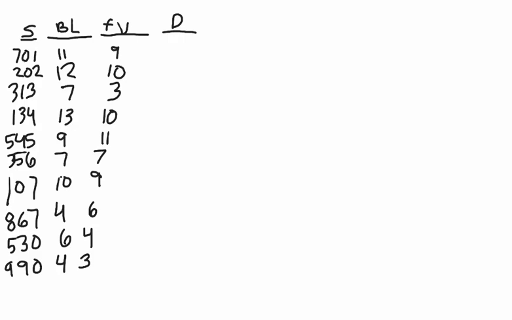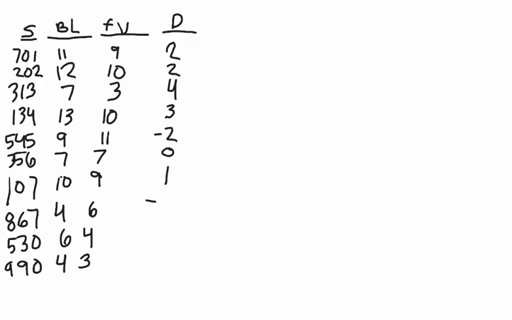So if I take 11 and I subtract 9, I'll get 2. 12 minus 10 is 2. 7 minus 3 is 4. 13 minus 10 is 3. 9 minus 11 is going to be a negative 2. 7 minus 7 is 0. 10 minus 9 is going to be 1.